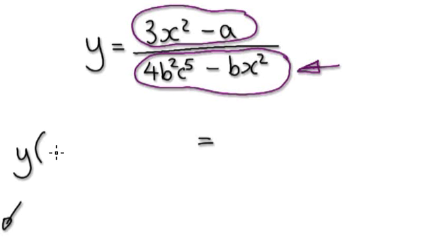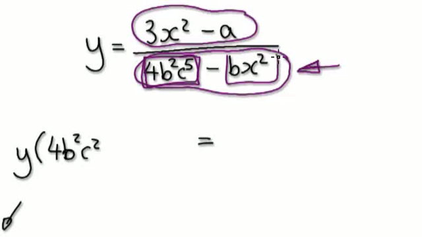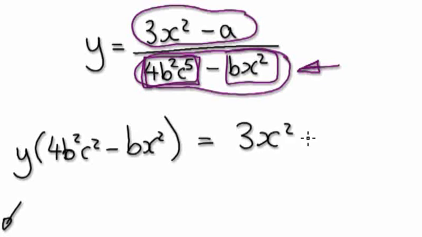So it would be y bracket 4b squared c squared. Even though this looks complicated, it doesn't matter. It's just a block, okay? And this is just a block. So take away bx squared, close it off, and on this side it will be 3x squared minus a.